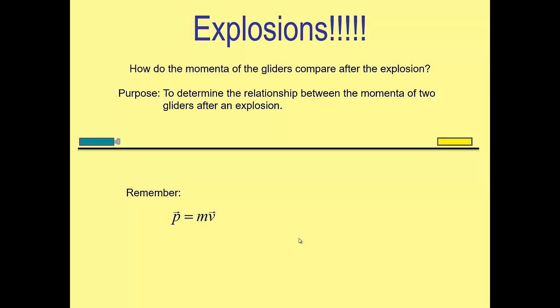So once the explosion is over, the carts are just going to move at a constant velocity, or a constant speed, I should say. And we know how to calculate a constant speed. It's just distance over time. So within the Pivot, we need to measure the distance each glider moves and divide it by the time that it takes. I'll show you how to do that momentarily.